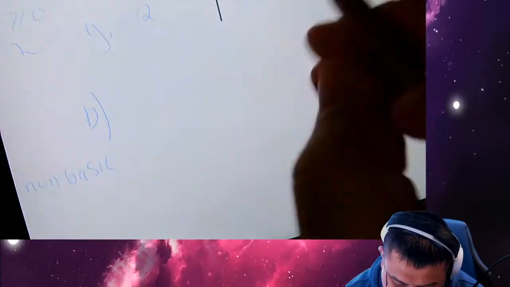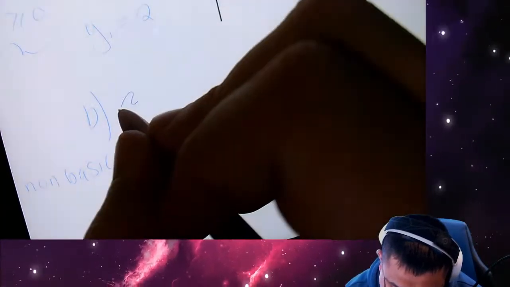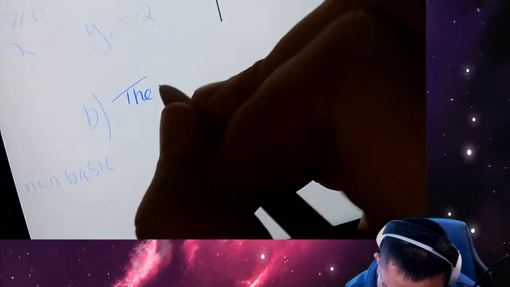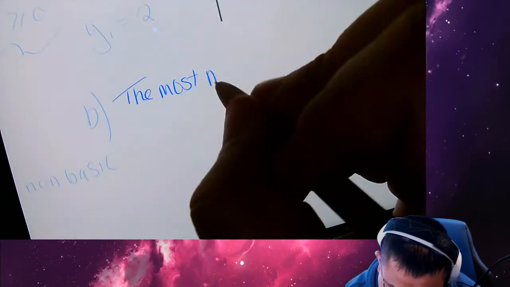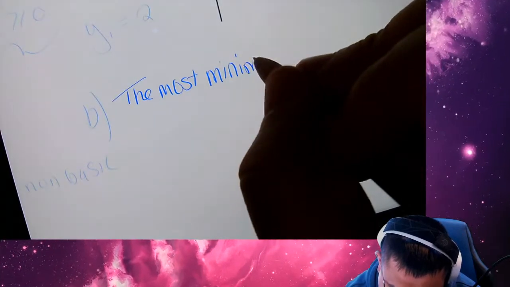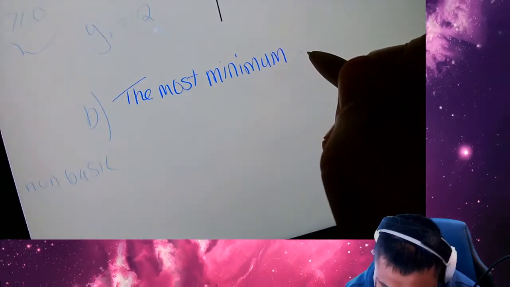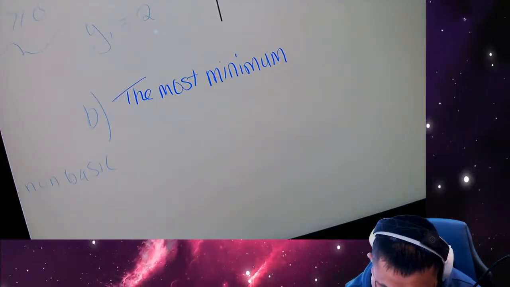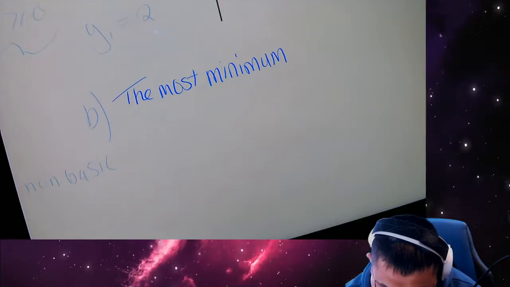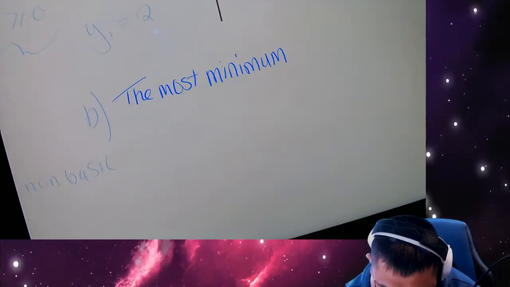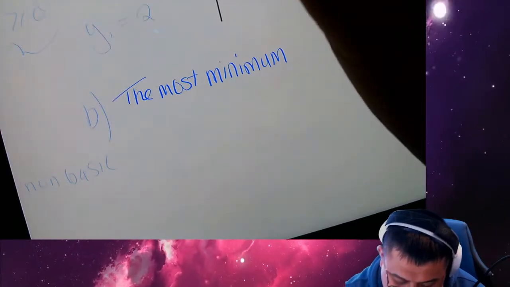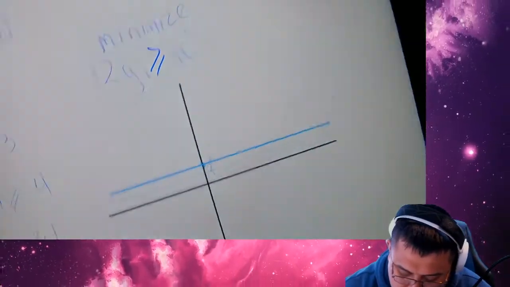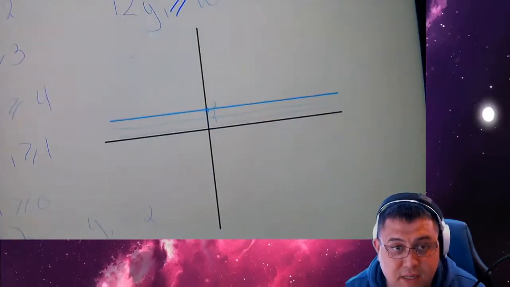So what we're going to say is the most minimum. We should write it like this, actually. Less than or equal to that, because that's actually what that is.